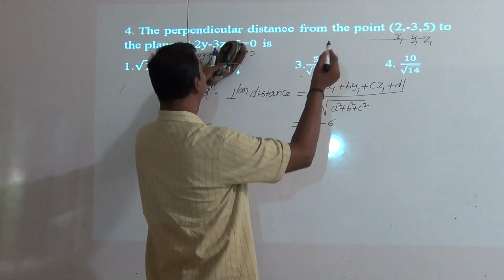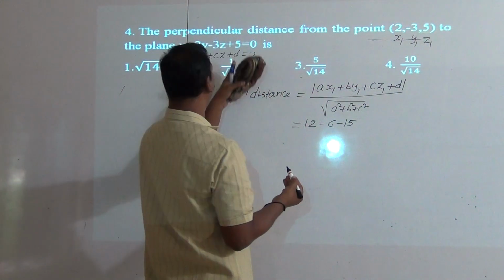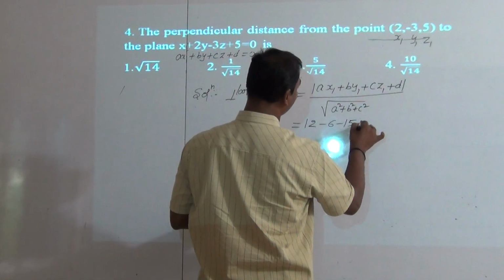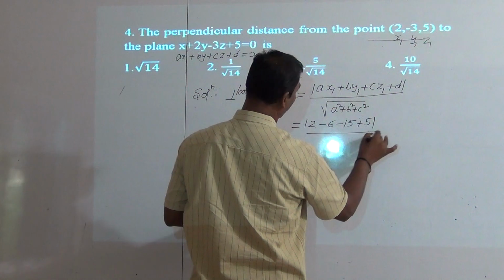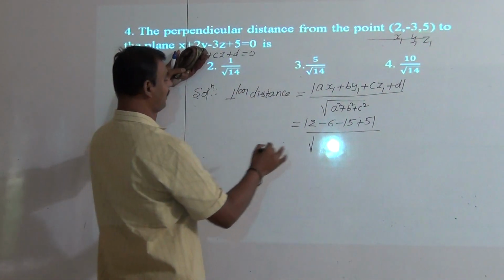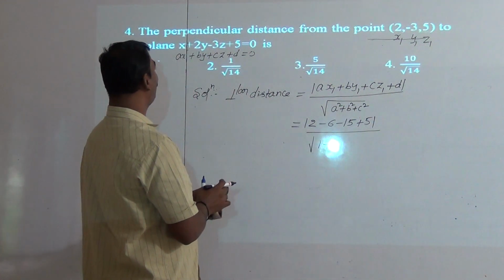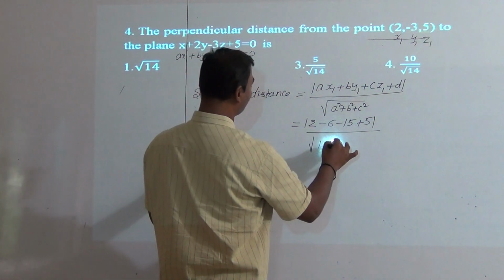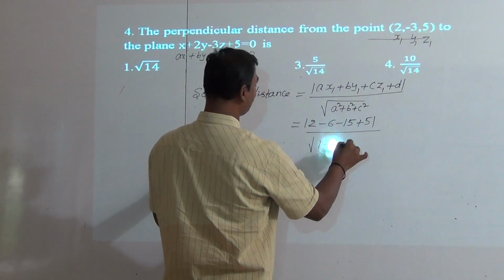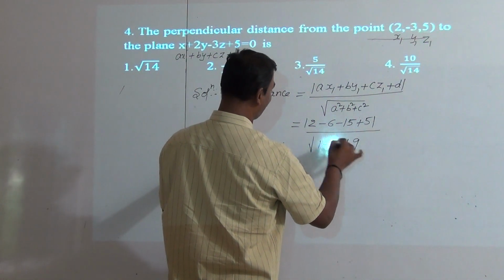Minus 3 into 5 becomes minus 15 plus 5, divided by square root of a square, x coefficient 1 square, plus b square, y coefficient 2 square, 4, plus c square, minus 3 whole square, that is 9.